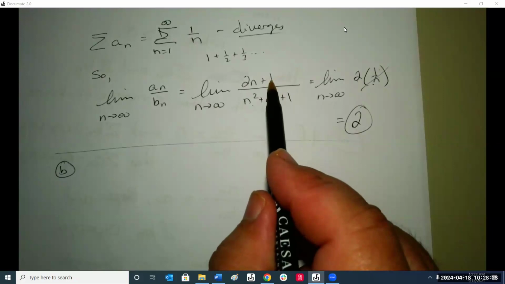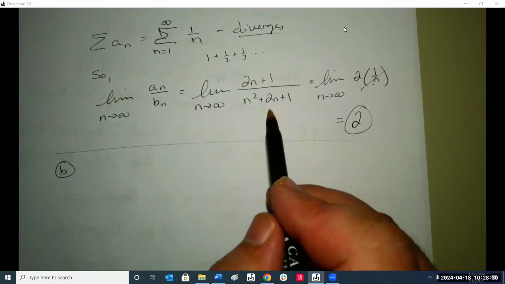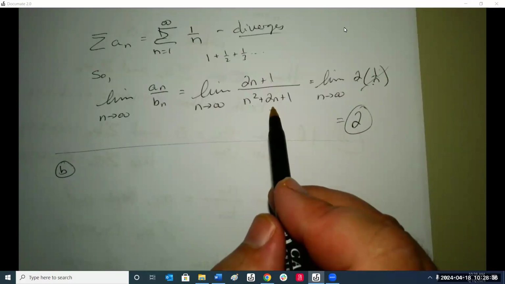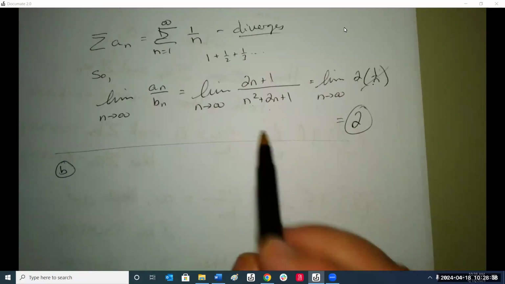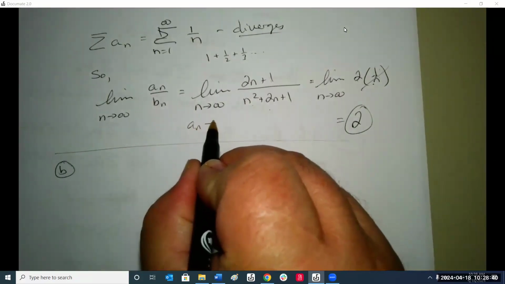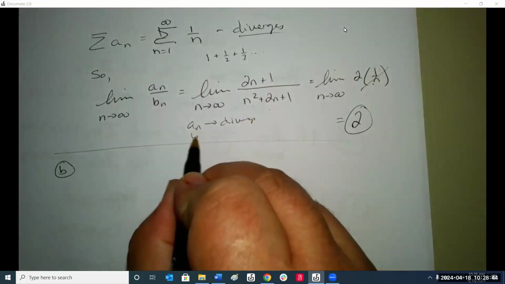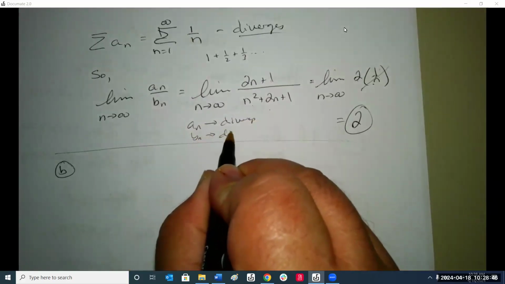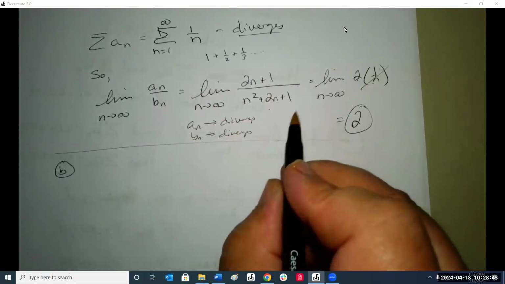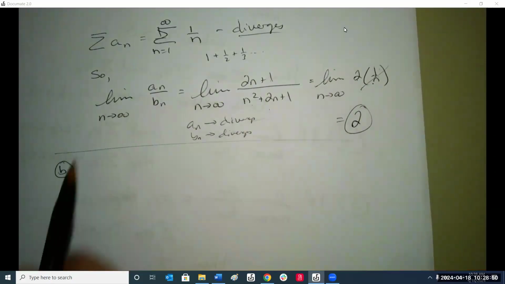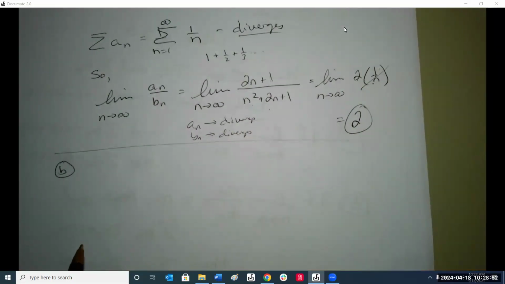So the top diverges, the bottom diverges, a sub n diverges, b sub n also diverges. So the series itself diverges.